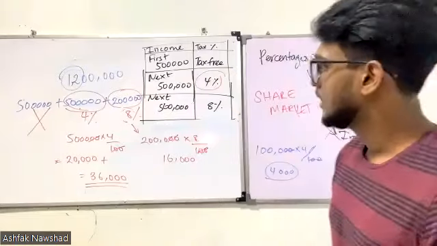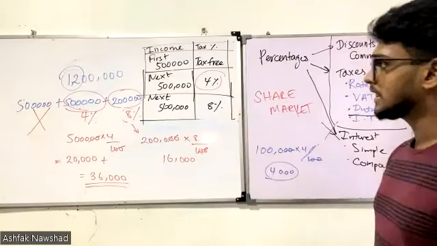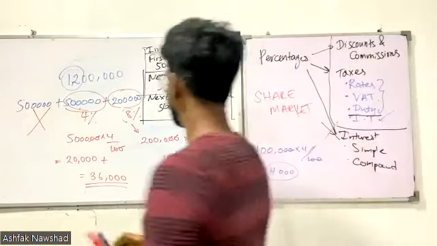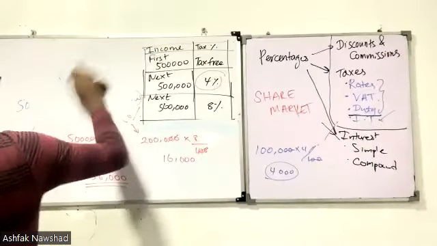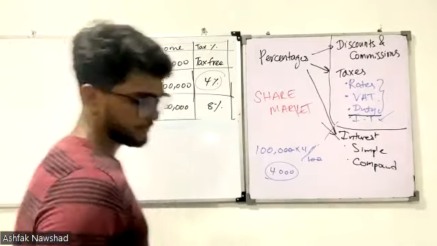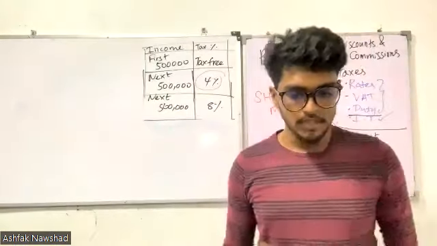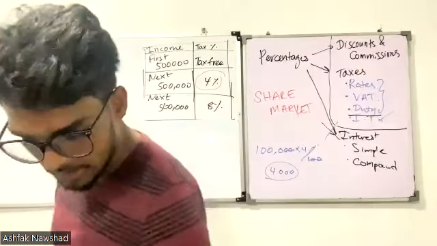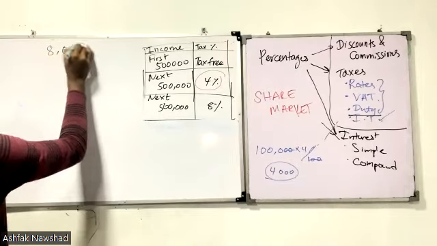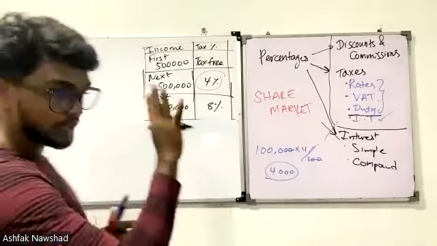Okay, good. So the very final thing in percentages, like there's another type of questioning in income tax. For example, they say a person pays 8,000 as income tax. A person pays, not his earning, right?